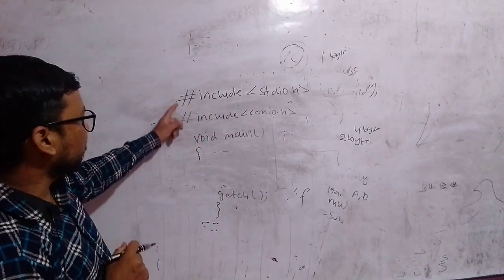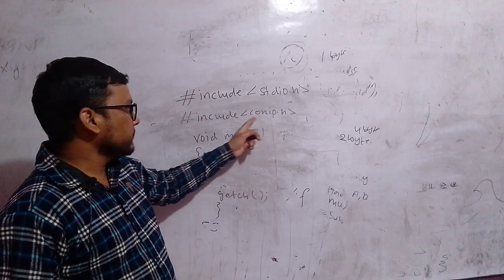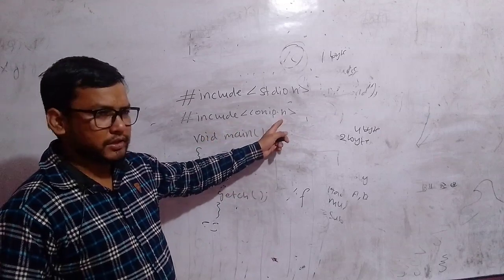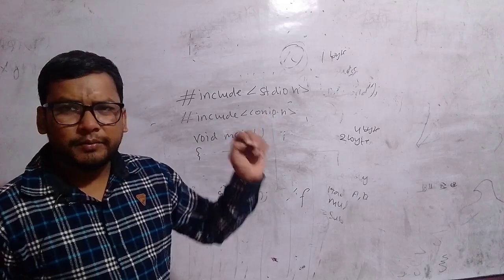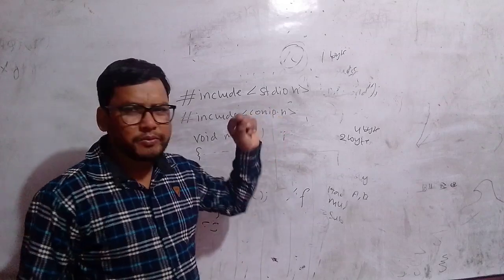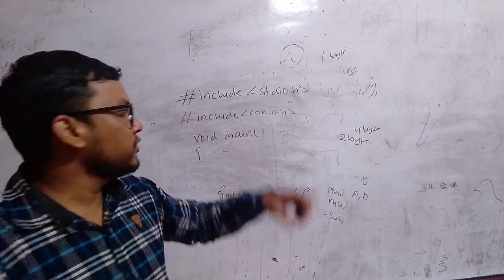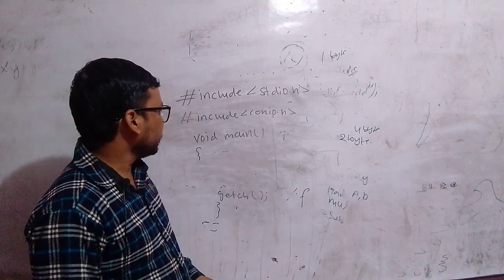In this way we'll write the C program. #include stdio.h, standard input output, #include conio.h. These are called header files. They contain the built-in functions in the library. These are library files which contain built-in functions. We just need to use them while writing the program. We don't need to define them.